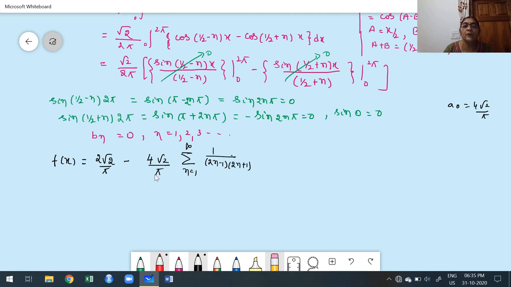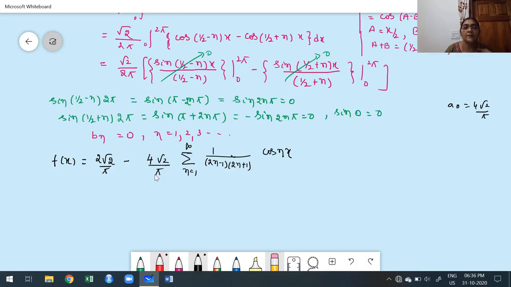Don't be confused about why I took the minus outside. Once you take it outside and give n equal to 1, 2, 3, we get positive values, like 1 by 1 into 3, 1 by 3 into 5. That's why I took the negative sign outside from 1 minus 2n, cos of nx.